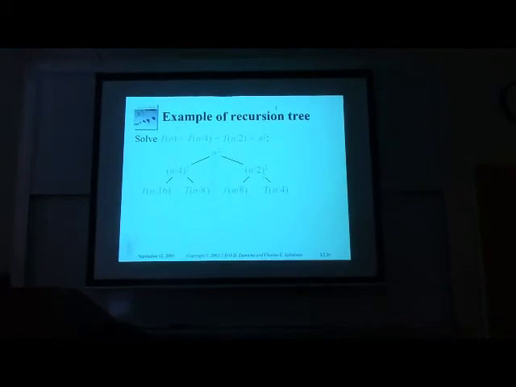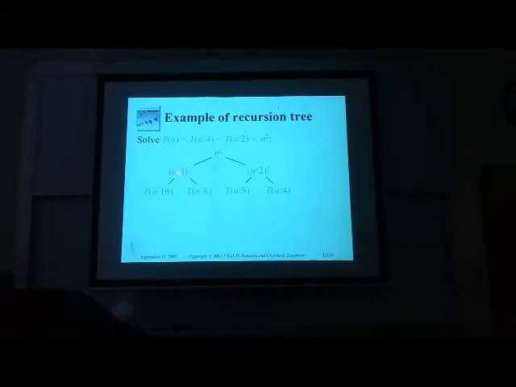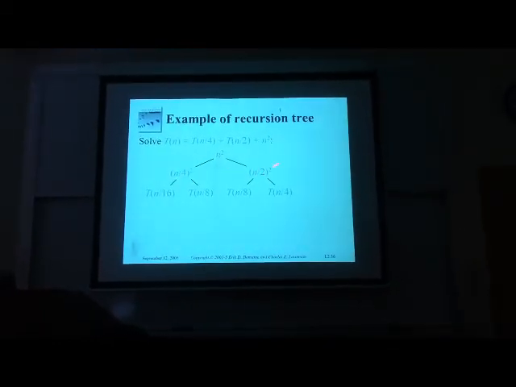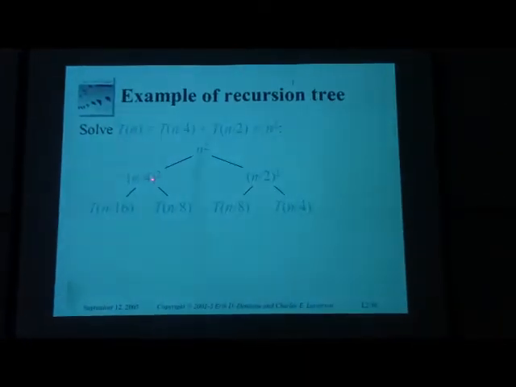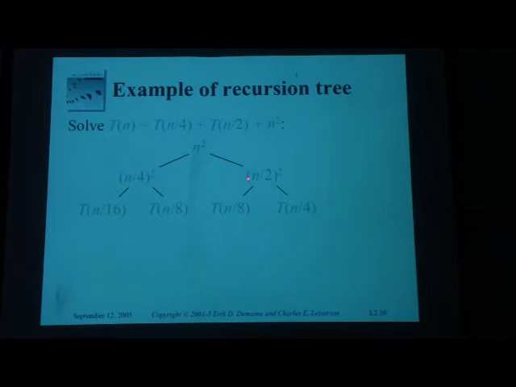Okay, so now as we go to the next level, you can see that it's going to be n over 4 squared and n over 2 squared. That's going to be n squared over 16 and n squared over 4.